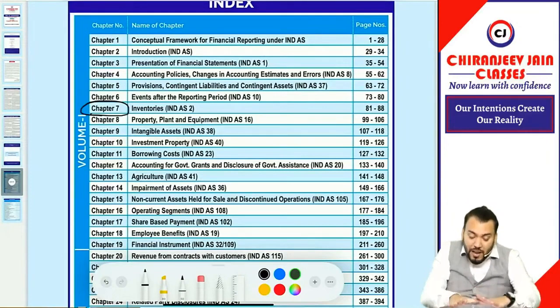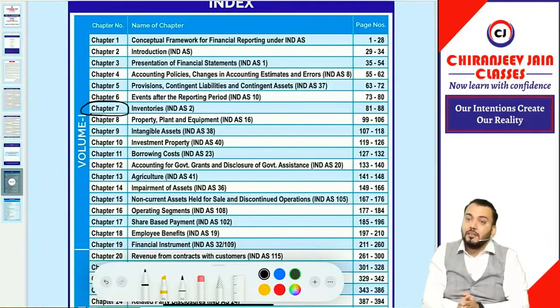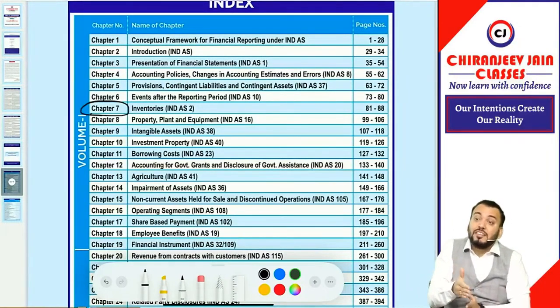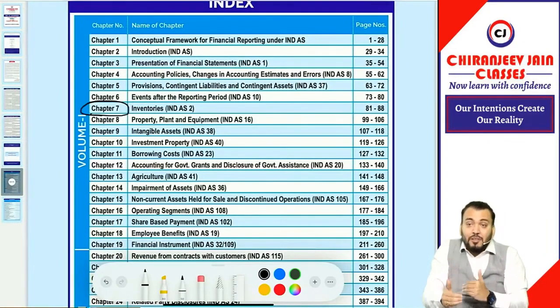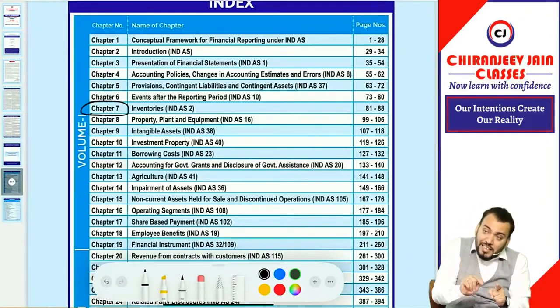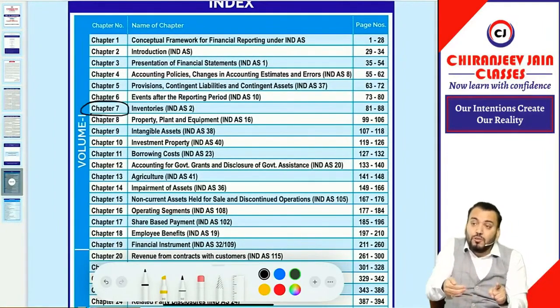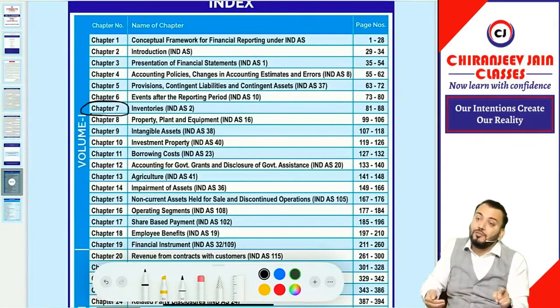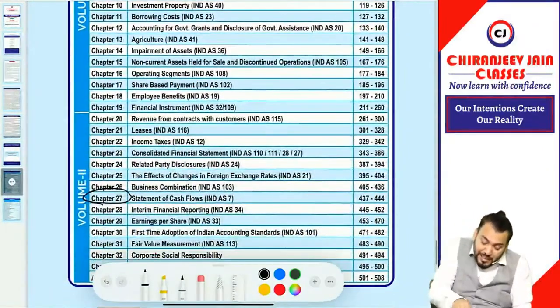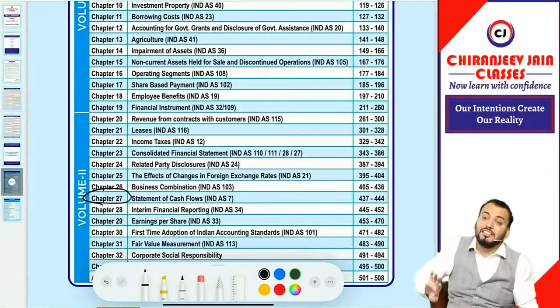Why have I designed it in such a way? Because it will be easy for revision. When you are revising for the first time, first you should know Ind AS 1, then only you should go to Ind AS 8, and then you should come to Ind AS 37 and so on. If you do Ind AS 7 before the consolidation chapter, you will die.